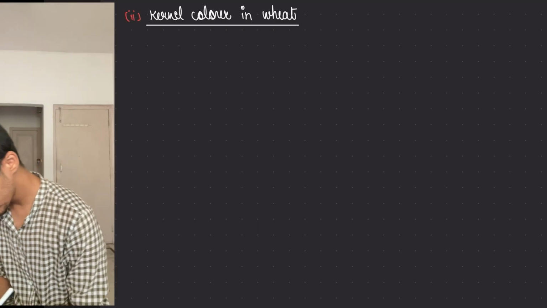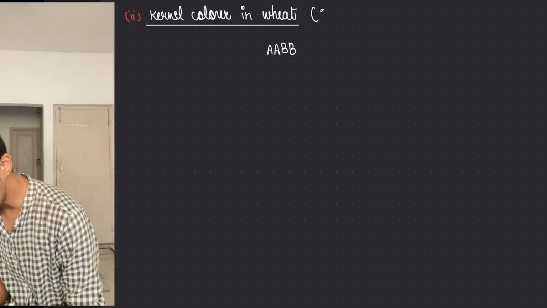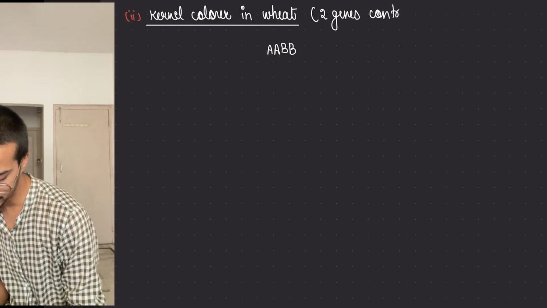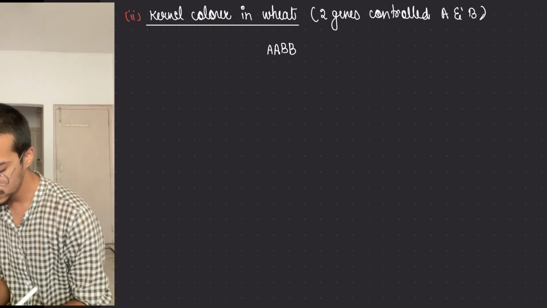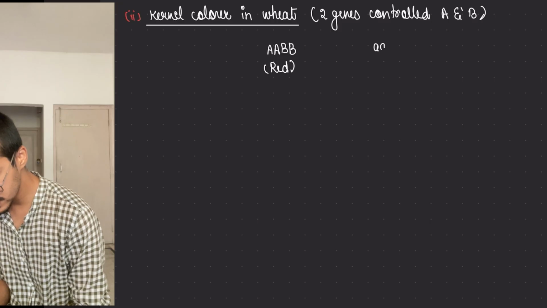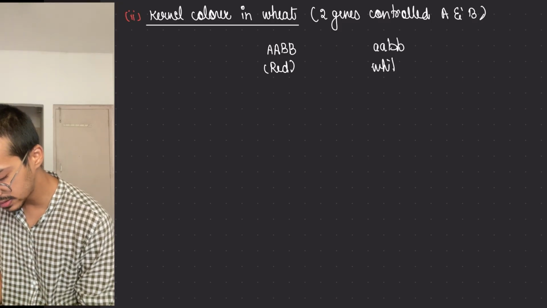darker color. So if there is a red color, it is being controlled by two genes, A and B. So this would be red in color. And the other one, which is all the recessive genes, would be white in color, no color.